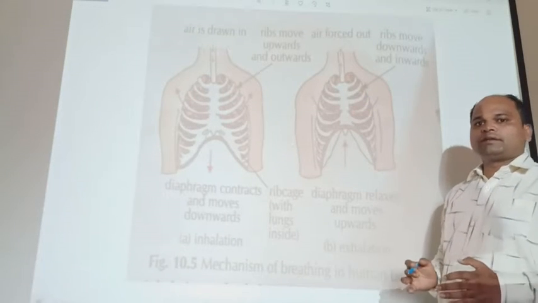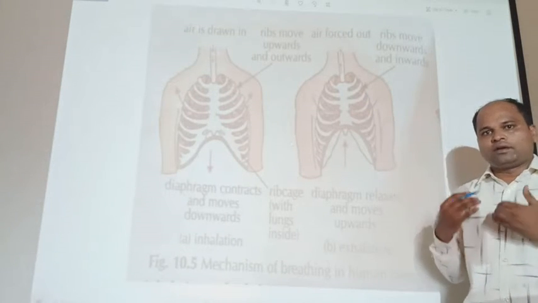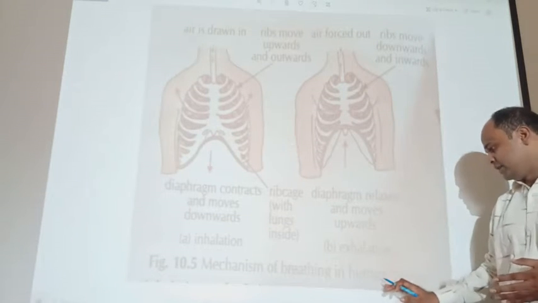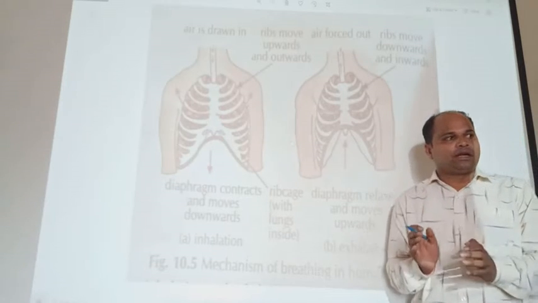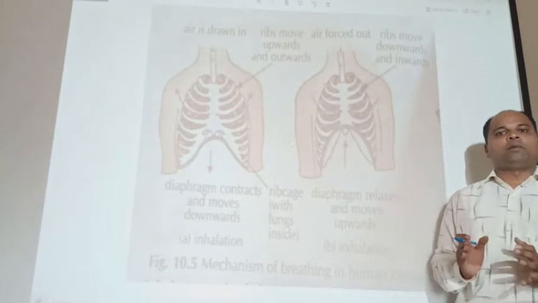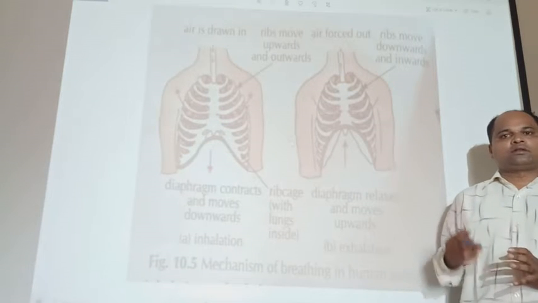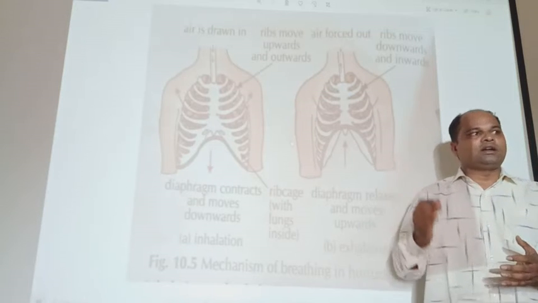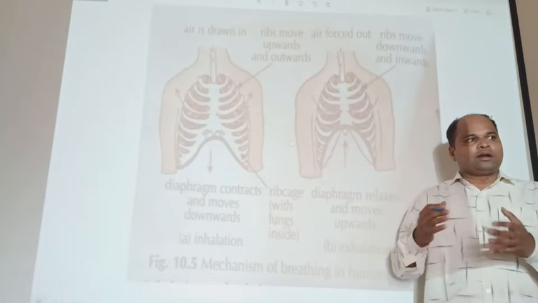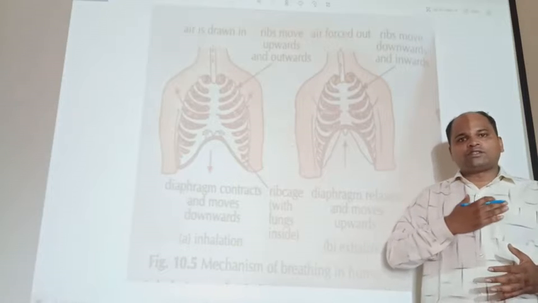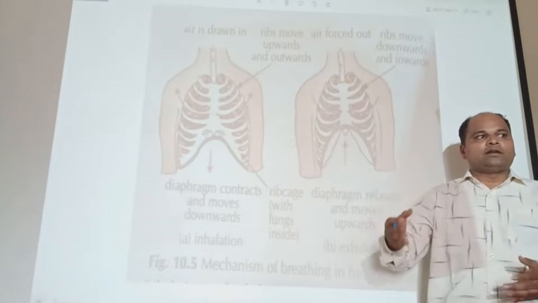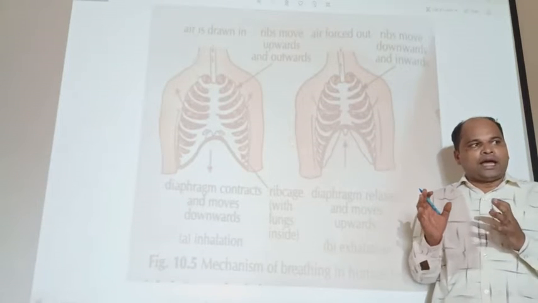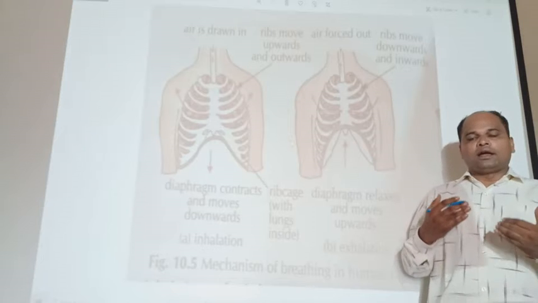Students, we are going through the mechanism of breathing in human beings under the topic what makes us breathe. We have just learned that when we place our hand on our chest, we find that our chest rises and falls as we breathe in and out.